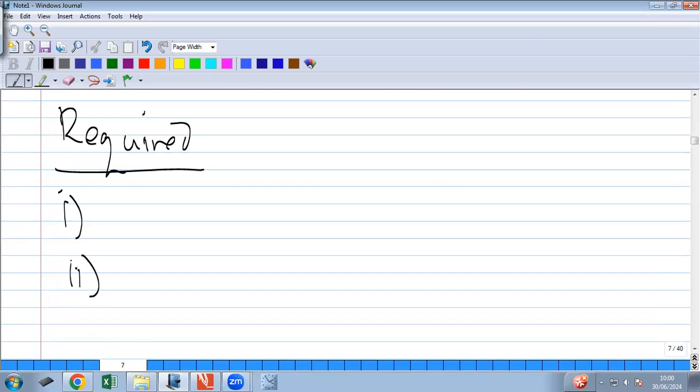Then 2, allocate overheads to products on the basis of ABC.